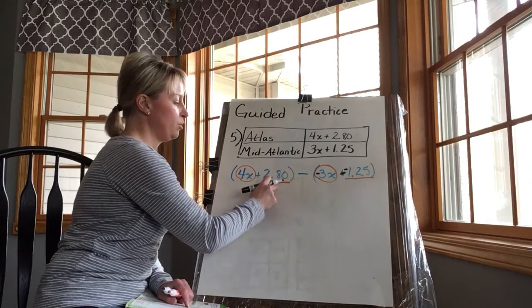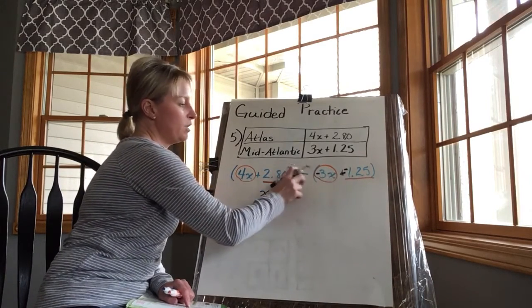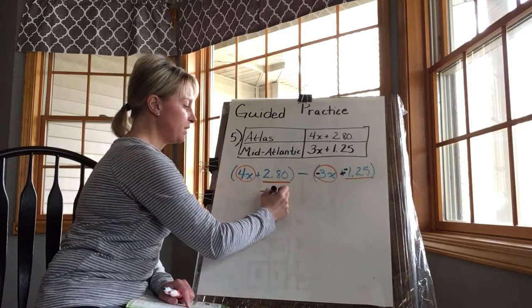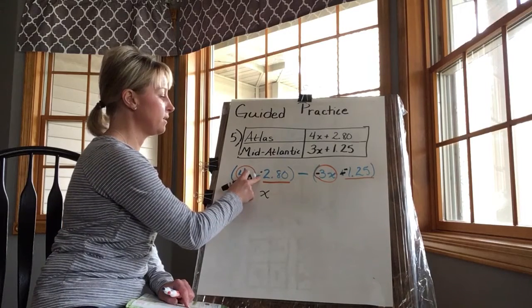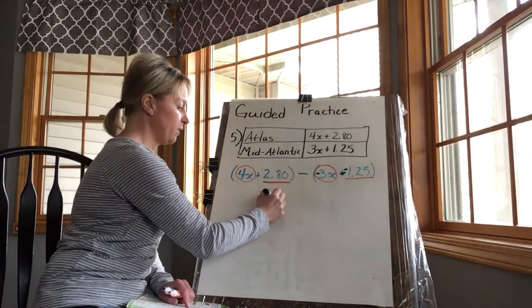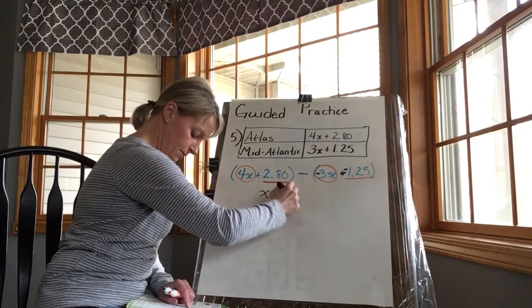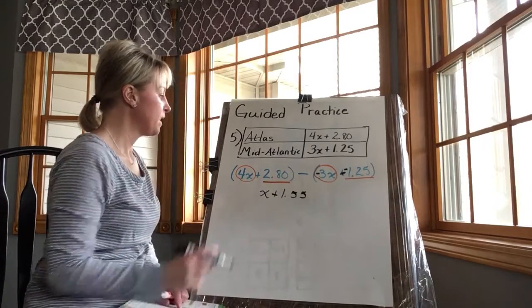I have 2.80 and a negative 1.25. So one's positive, one's negative. I'm going to subtract. So that becomes, and I'm going to take the sign of the 2.80 because that is a greater number. So it's going to be a positive 1.55. Okay, that's part A.